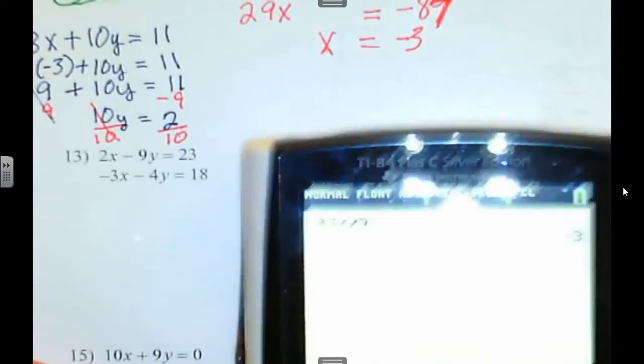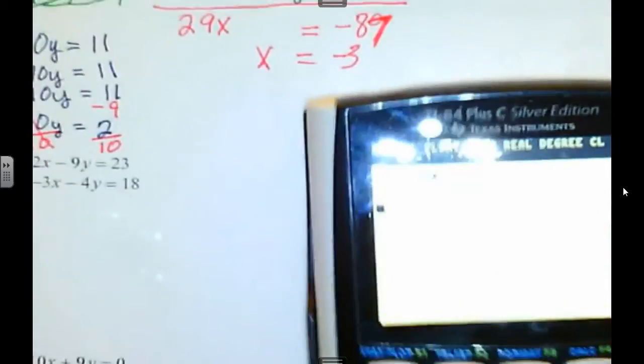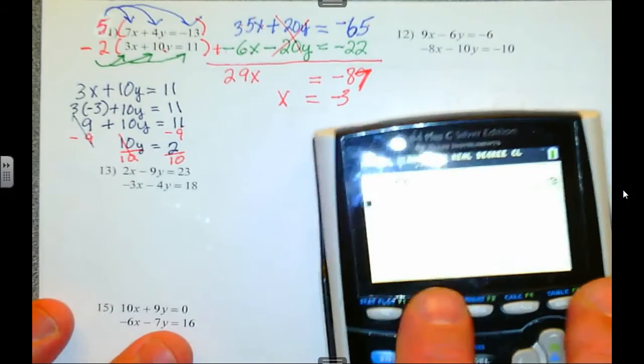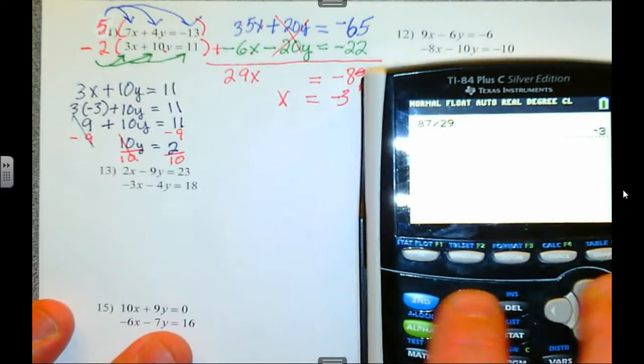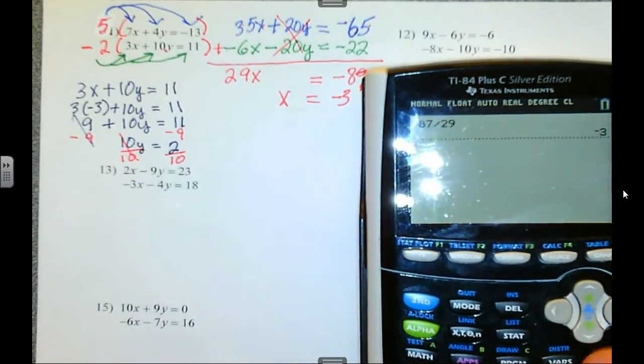Now, I want to reduce the fraction. Okay, or give me a decimal. Doesn't matter. Does everybody know how to reduce fractions on their calculator? Okay, so I have 2 divided by 10. There's my 2/10. Hit enter, gets you a decimal.